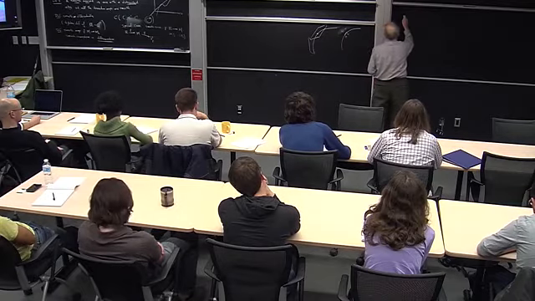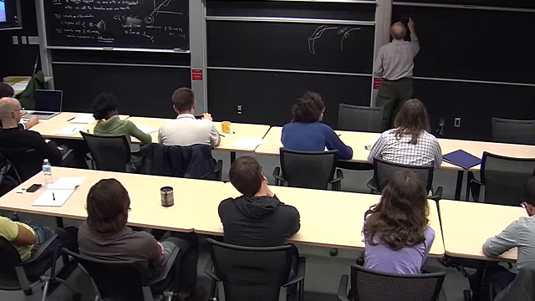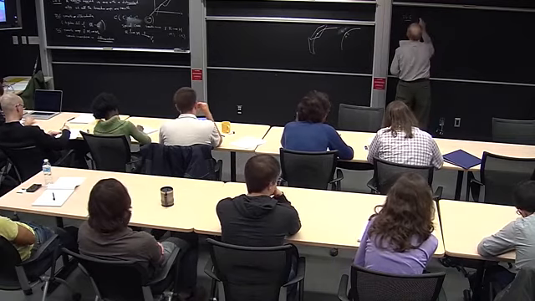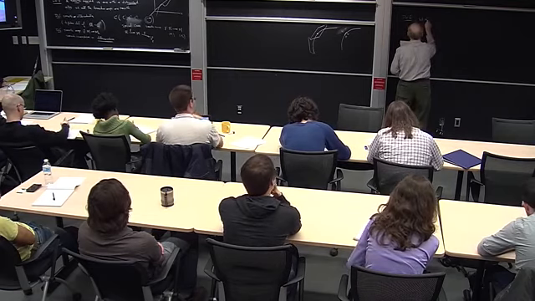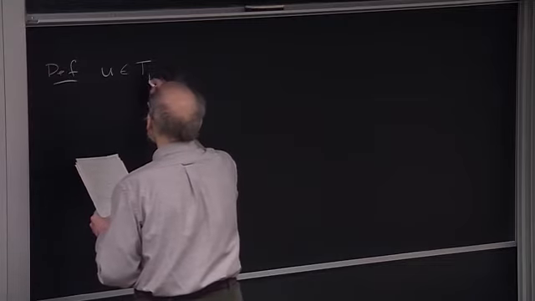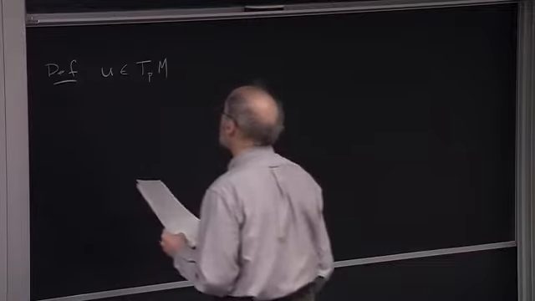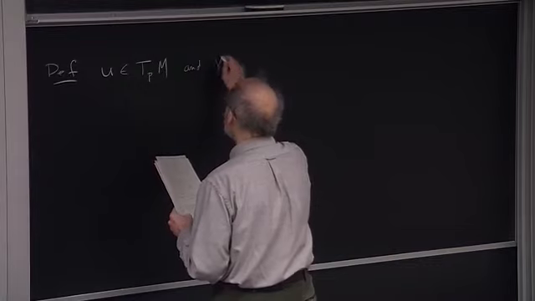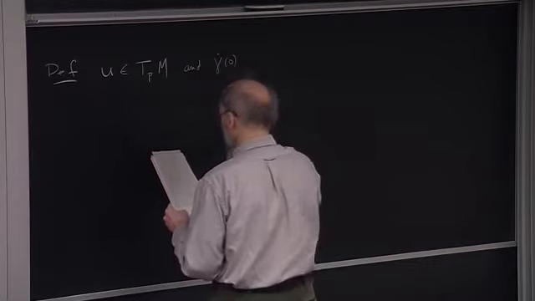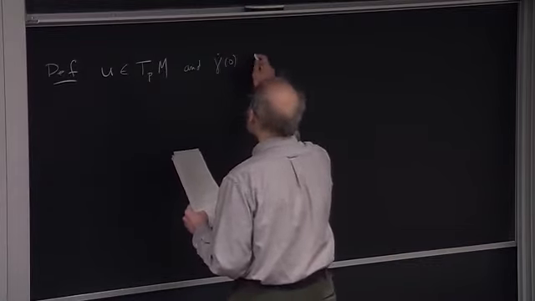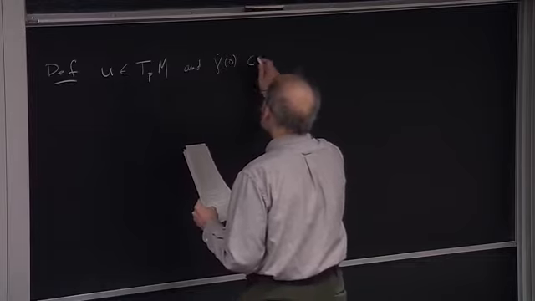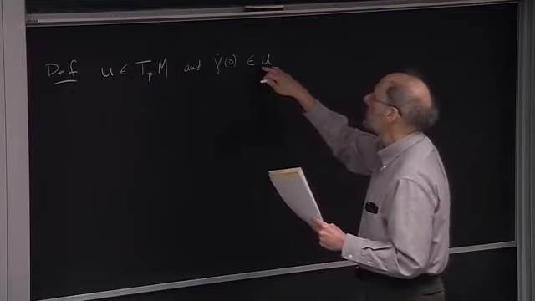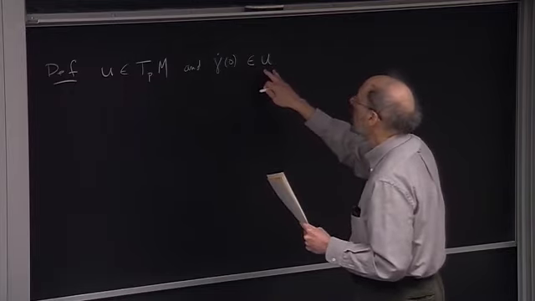So let me just finish with this last definition. Again, this is just terminology. It's almost the same thing that I wrote before. If U is a vector in the tangent space at P, and gamma dot of 0 is U, then gamma belongs to U, because now I've defined U to be formally an equivalence class.